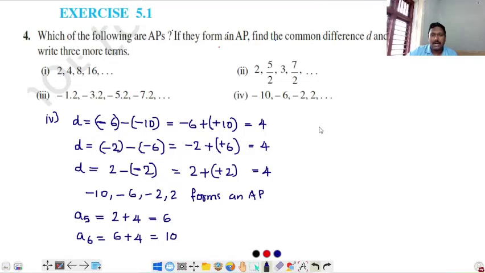And the last, A7: A6 is 10, with A6 you add again the common difference, 10 plus 4 is 14. So the next three terms of the AP are 6, 10, 14. Okay children, so let us move to question number 5.